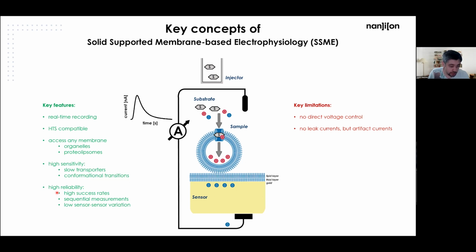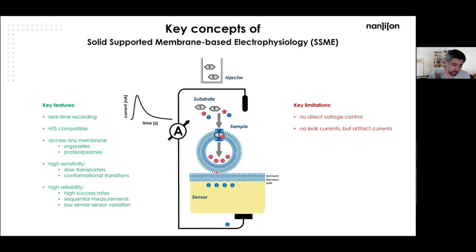And last but not least, talking about reliability, success rates are pretty high. You are not limited by gigaseals or the variability of living cells. So the average success rate, I think, is 98%. You can do sequential measurements using the same sensor because the attachment is pretty stable.